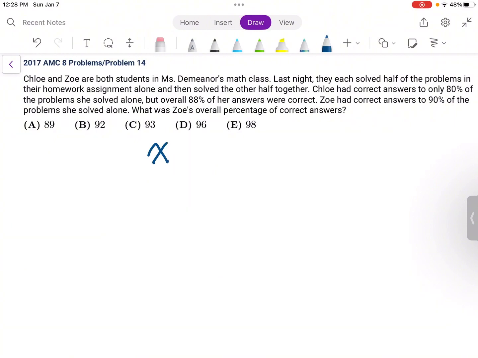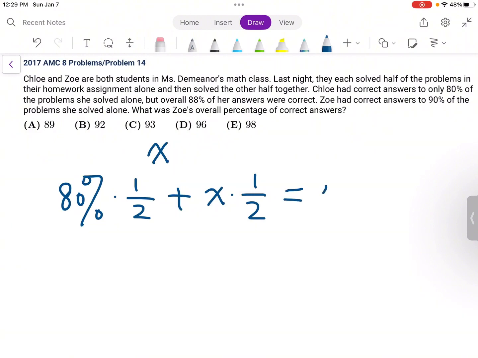And for Chloe, she did 80% of the problems she solved alone correctly, and that's 1/2 of the total problems, plus the X percentage she did correctly with Zoe together, and that's the other half of the problems, and this will equal 88% of the total overall answers she answered correctly.